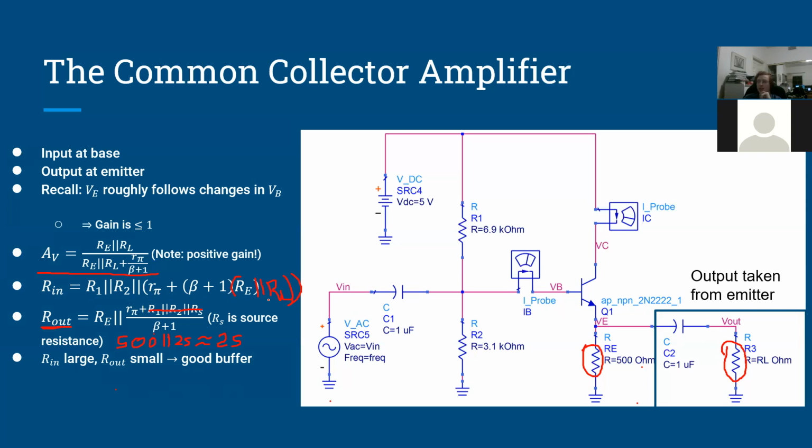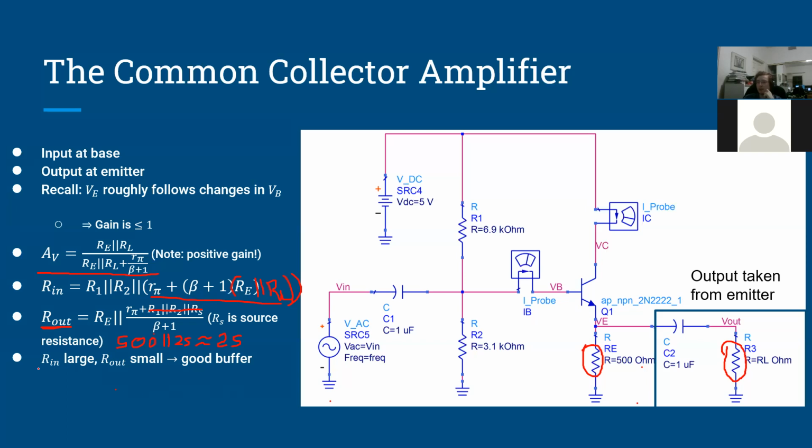And then we're multiplying it by 100. So 100 ohms times 100 is 10 kiloohms plus the 2.5 kiloohms. So now we're at 12.5 kiloohms for this term here. Before with the common emitter amplifier, that was 2.5 kiloohms. So we've added another 10 kiloohms to our input resistance, and that's a good thing.